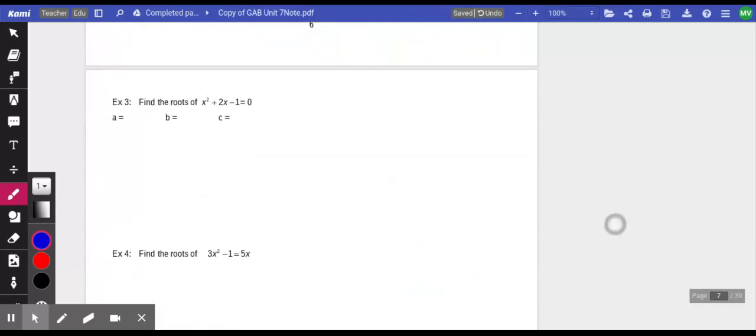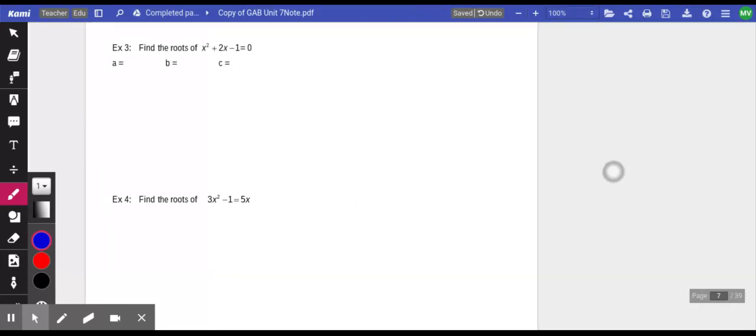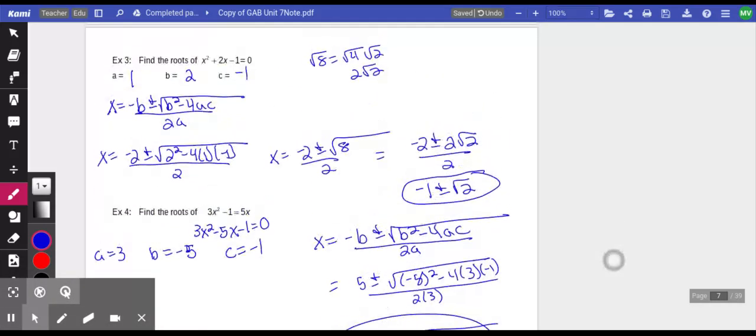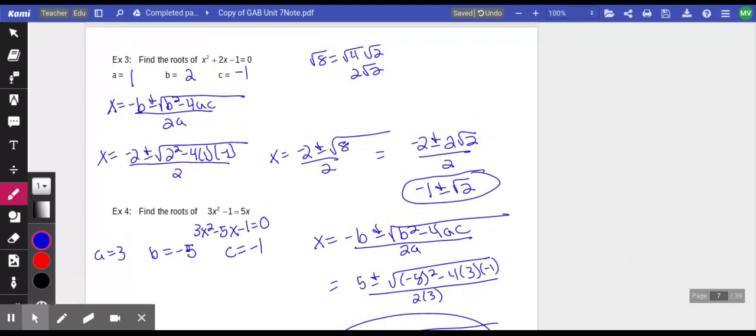So I want you to pause and do example 3 and 4. Neither one of these is factorable. Okay, so example 3, I first filled in that a is 1, b is 2, c is negative 1. I substituted those values into the quadratic formula.